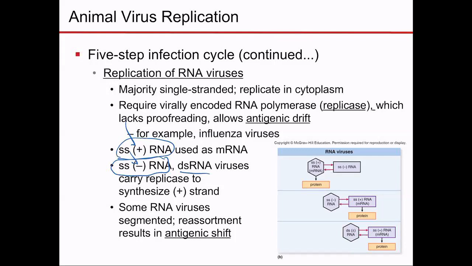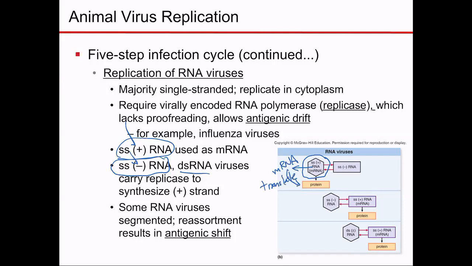A positive RNA genome in a virus is a virus that as soon as that RNA enters into the cell, the RNA can be used directly as the messenger RNA to translate into viral proteins.